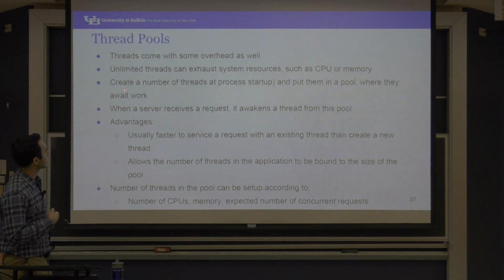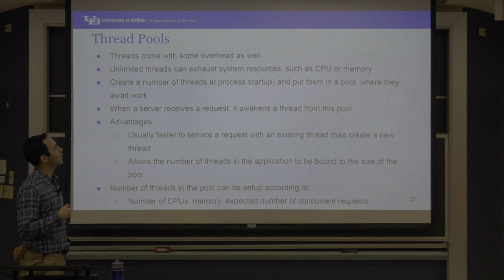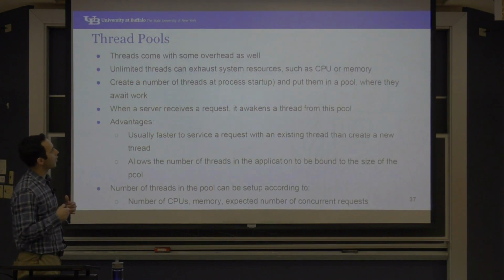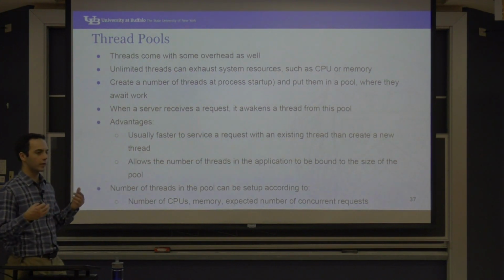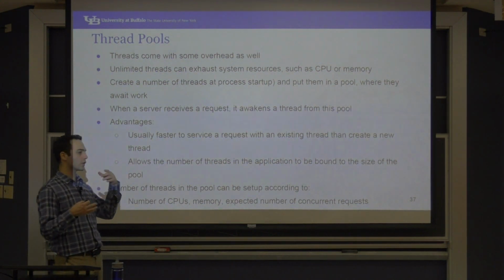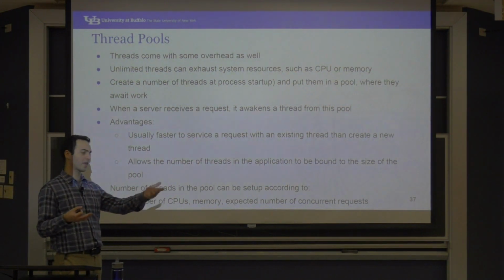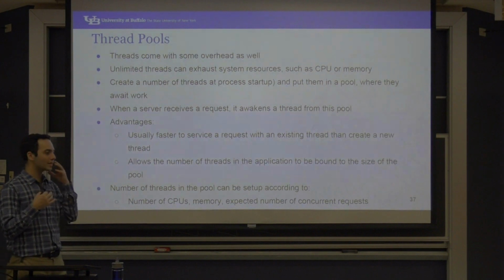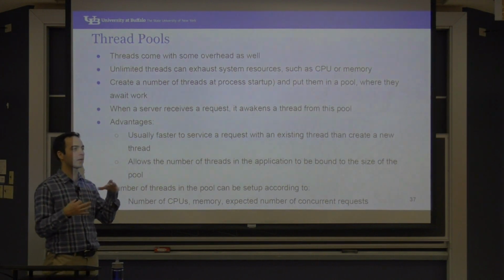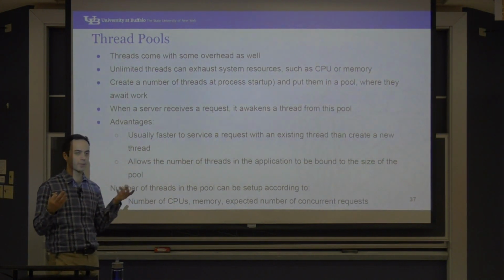So what a web server does is create a number of threads at startup and put them in a pool where they await work. Depending on the system resources, maybe you create 1,000, maybe you create 100. Then the web server can handle 100 requests at the same time, right?